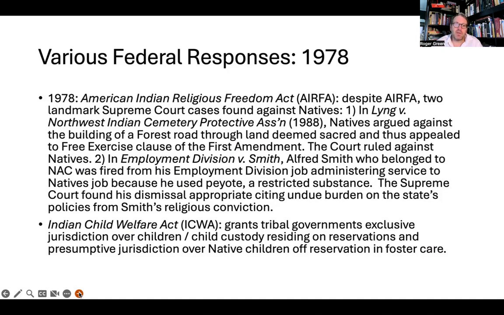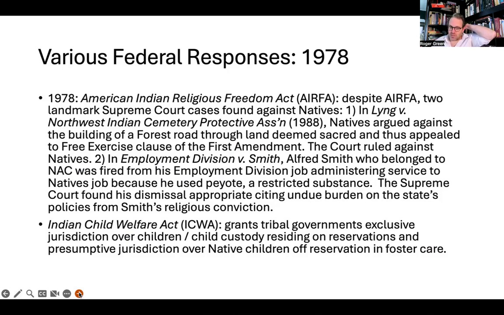The second example is Employment Division versus Smith, wherein Alfred Smith, who belonged to the Native American Church, was fired from his job administering services to Natives because he had used peyote, which was a restricted substance. The Supreme Court found that his dismissal was still appropriate by Oregon's Employment Division, citing that it was an undue burden on the state's policies from Smith's religious conviction.